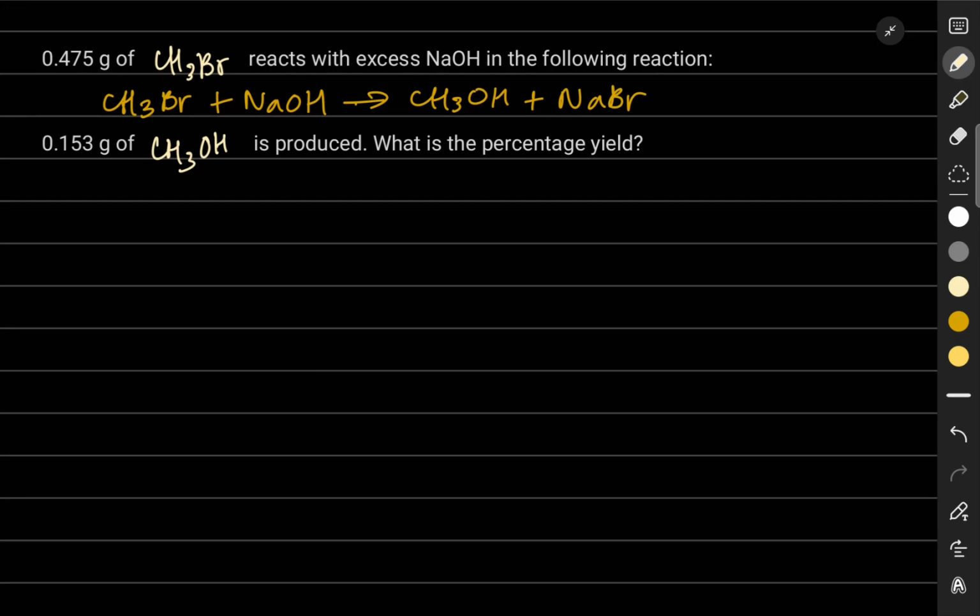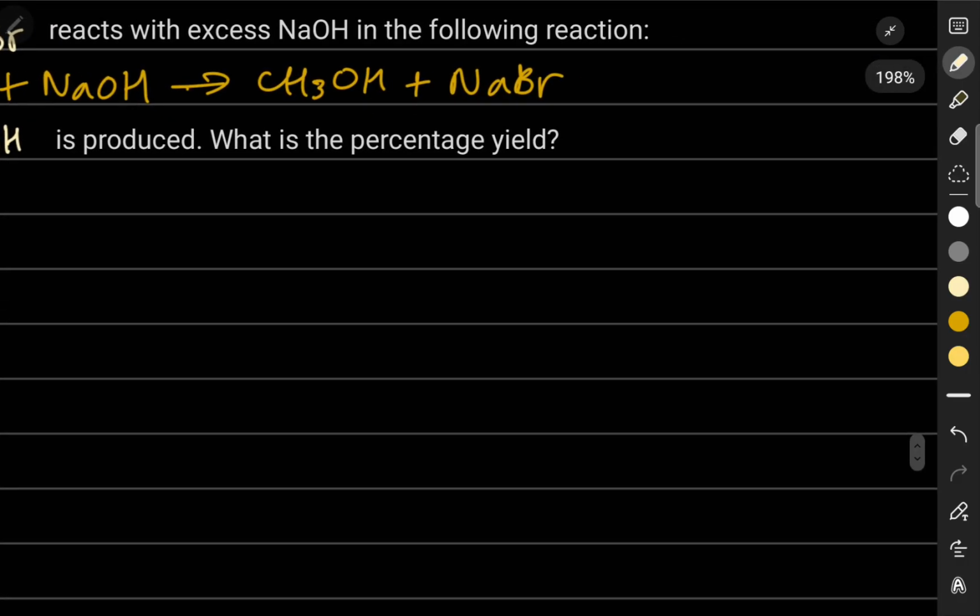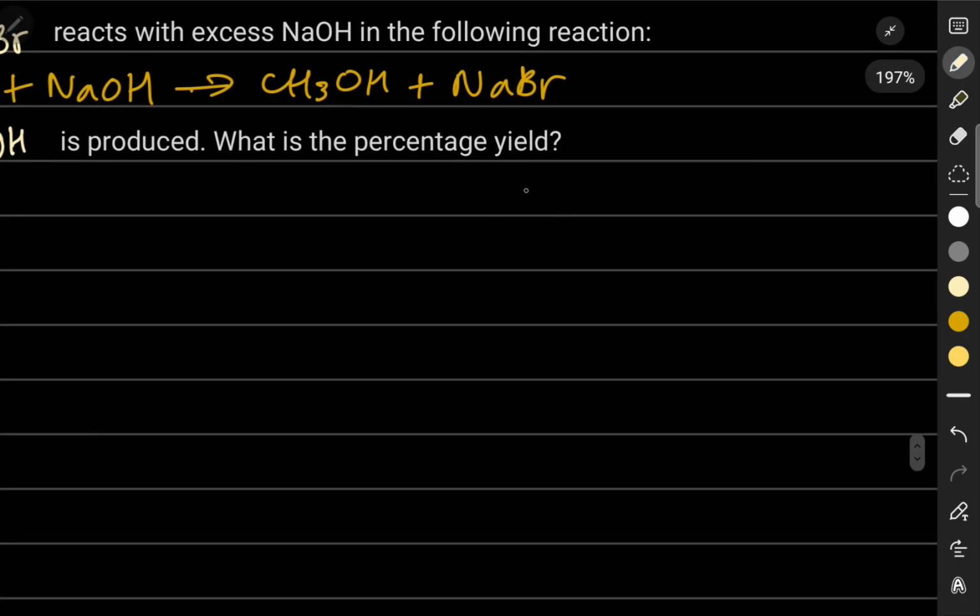So before we do this question, I would like to highlight a general method, or general steps, for calculating yield in any question, when you've not been given the theoretical yield. It's very general, but it's going to make sense when we start doing the question. So, steps for calculating yield.